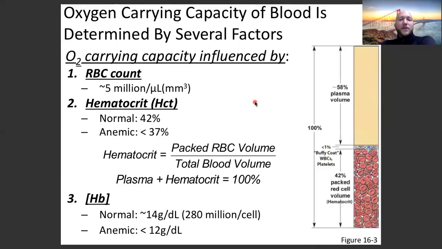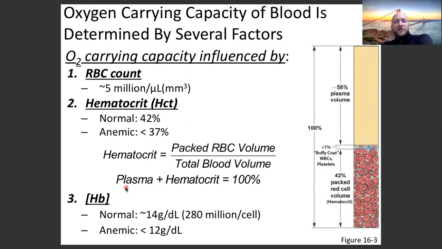So oxygen carrying capacity of blood is determined by several factors. The amount of oxygen carried, the capacity, is determined by several factors. One is the number of red blood cells, the hematocrit, and hemoglobin concentration.